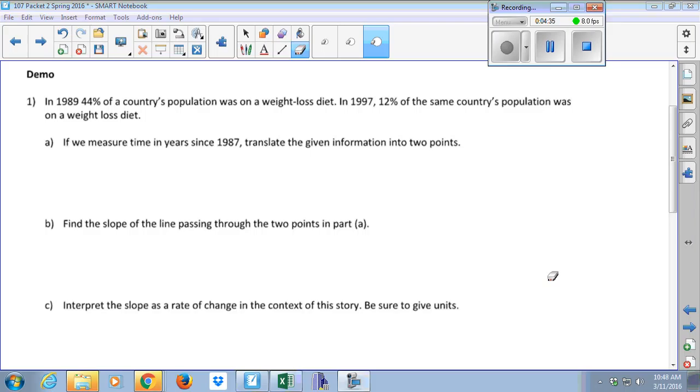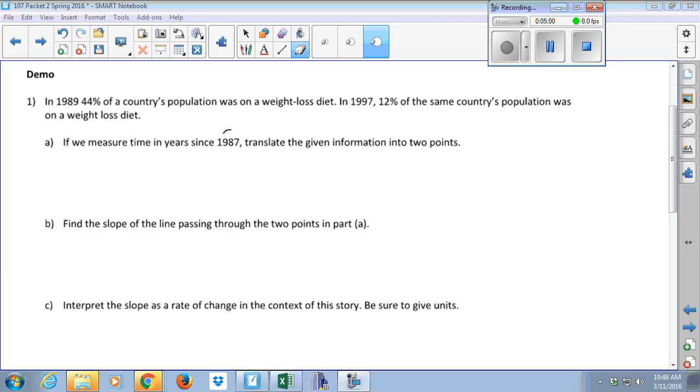X would be the year, but in part A, we've decided that the number of years will be measured with the base year being 1987, the number of years since 1987. So 1987 itself would be what value? 0, because that's our initial starting point, right?